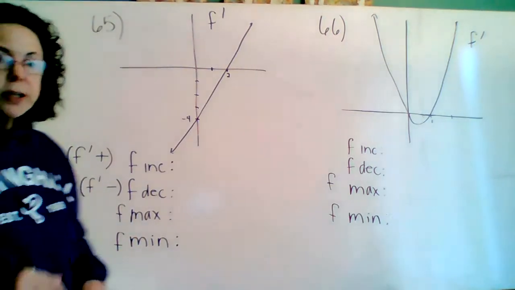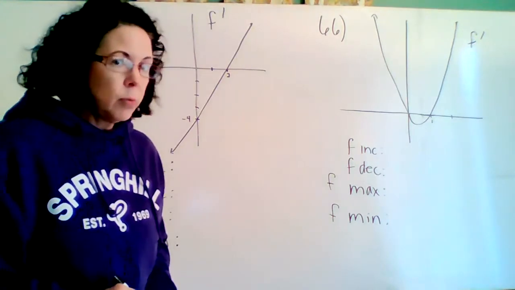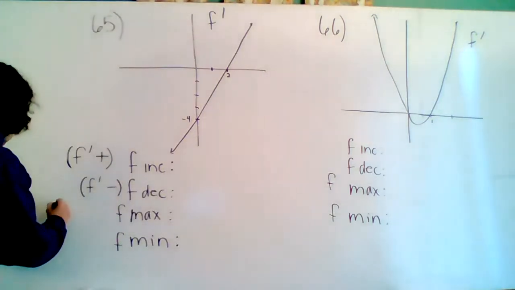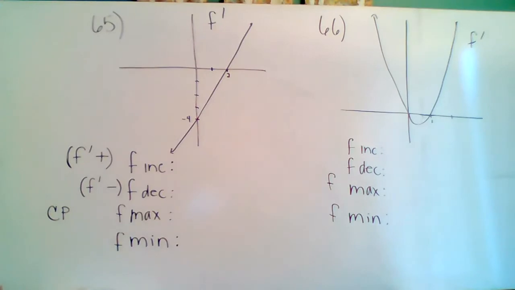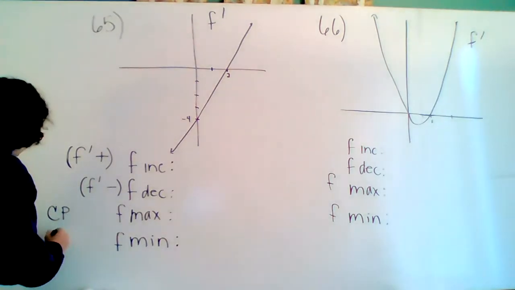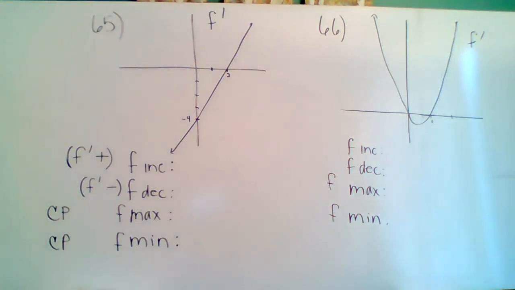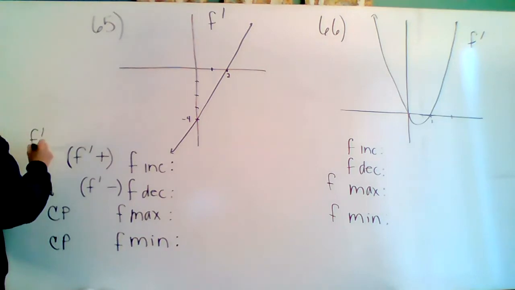Where does a function have a maximum? That would happen where the derivative is 0 or undefined. So I'll just put the critical point, because you know that's where the derivative is 0 or undefined. That's also where a minimum happens, at a critical point. That is where the derivative is equal to 0 or undefined.